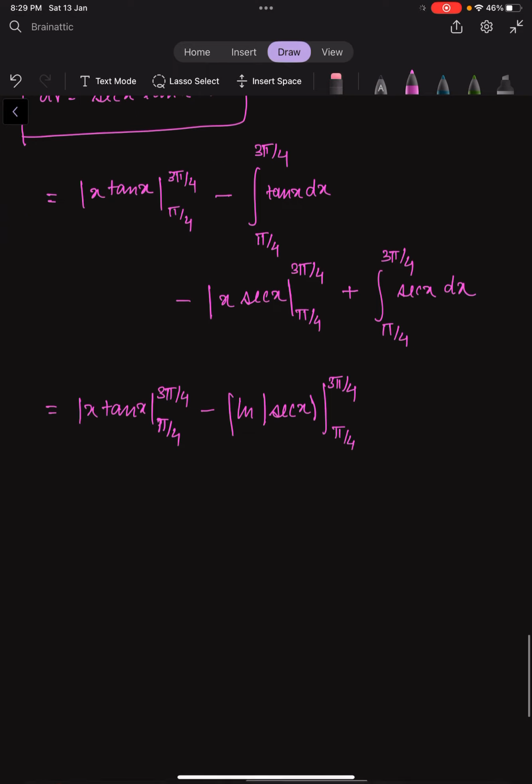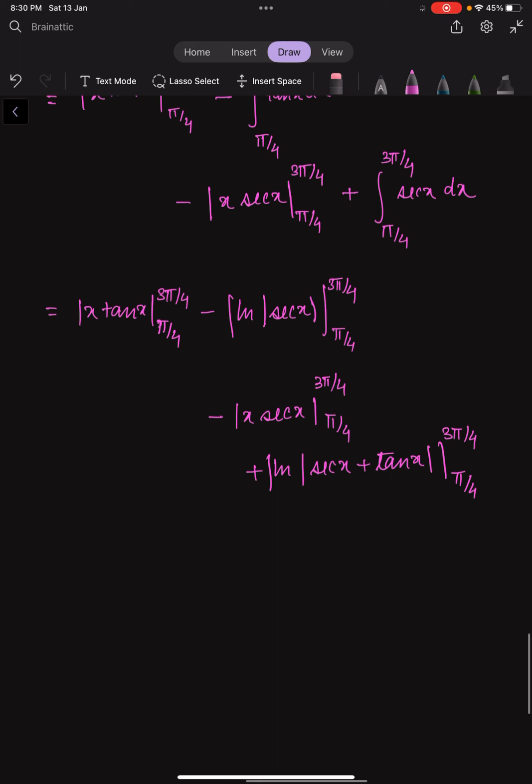And for x secant x, we have x secant x from pi by 4 to 3 pi by 4, and we know that the integral of sec x is nothing but, we'll write ln if you're following the same pattern, ln secant x plus tan x over the range pi by 4 to 3 pi by 4.